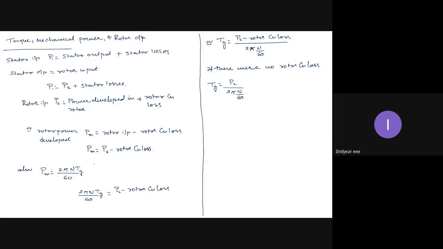Take this as equation 1, this as equation 2, this as equation 3.